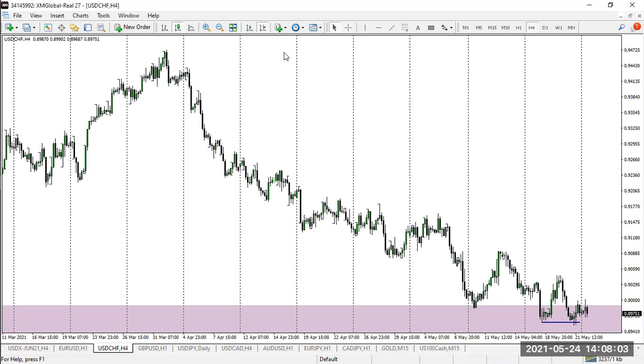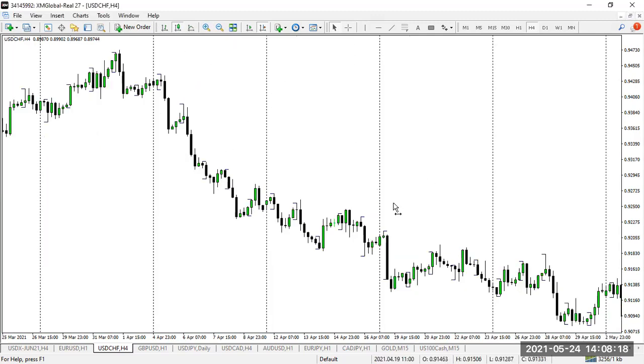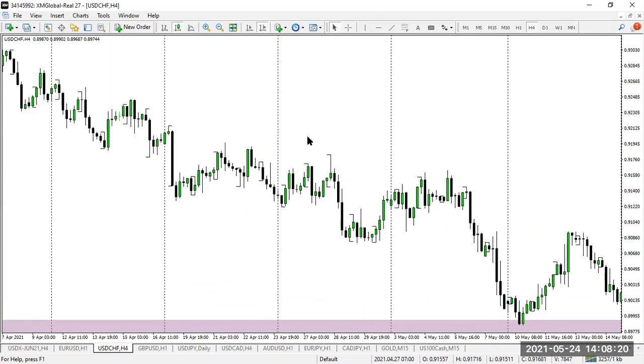Right, so for example, if you look at this setup here: lower low, lower high, lower low, lower high, lower low, lower high, lower low, lower high, lower low. This was a small minor structure here. This is the lower low, and this was the lower high.